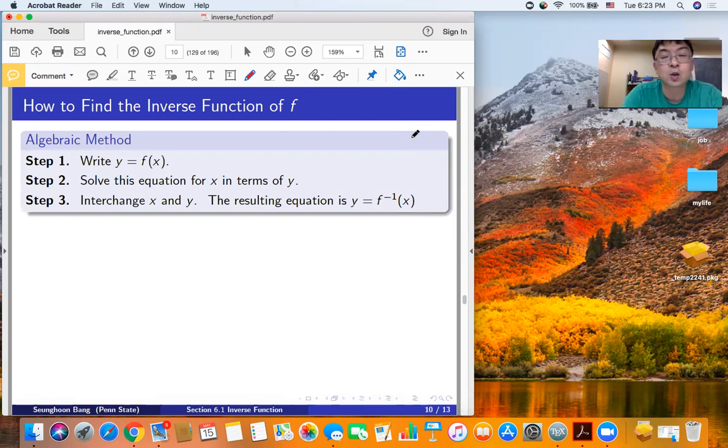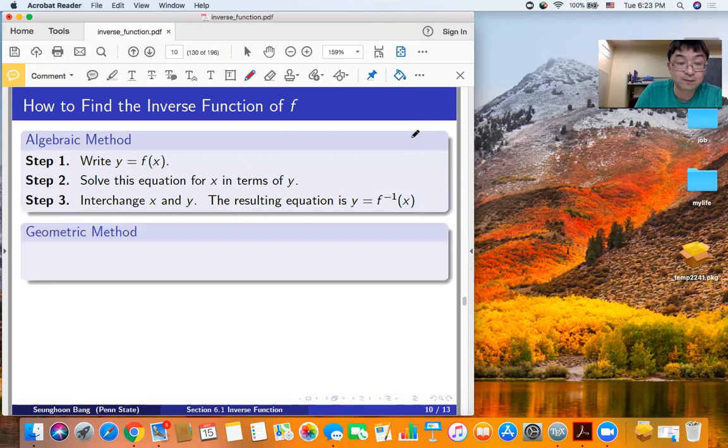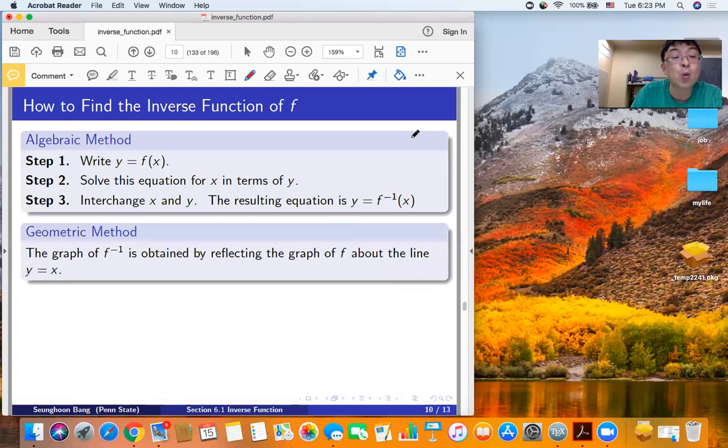So the resulting equation is the inverse function. This is the algebraic method. What's the geometric method? Here, the graph of the inverse function is obtained by reflecting the graph of f about the line y equals x. What does it mean? Same: interchange input x and output y. This is the same idea.